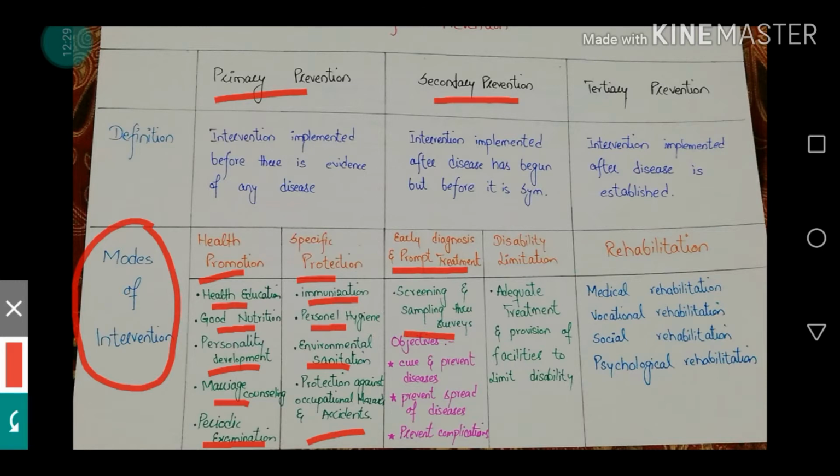Now the objective here is to cure the patient, to prevent the spread of the disease to other people in the community, and also to prevent the complications that can occur as a result of that disease. Then comes the disability limitation: what damage this disease can cause, and how can we limit that? That includes adequate treatment and provision of facilities to limit any type of disability associated with any specific disease.